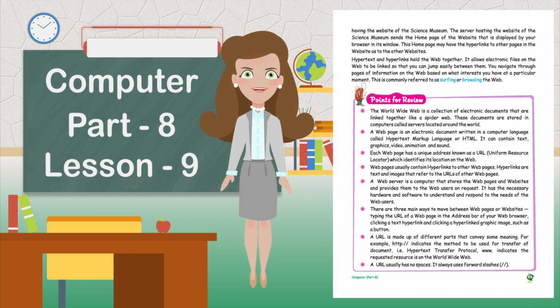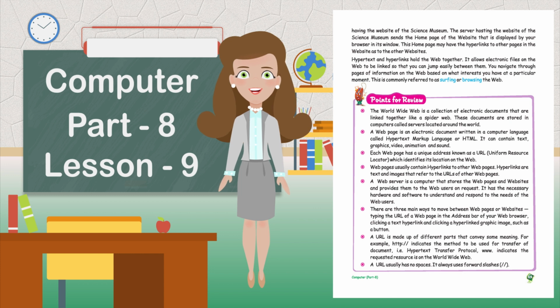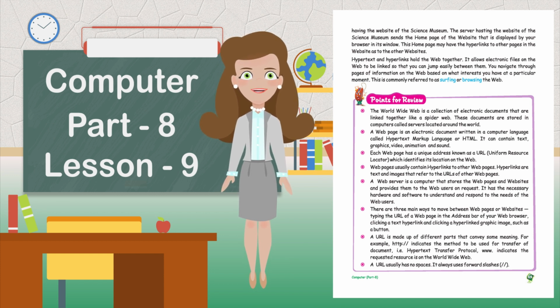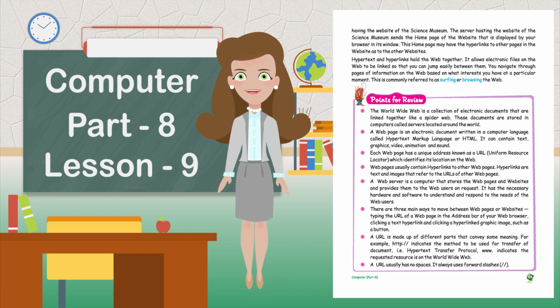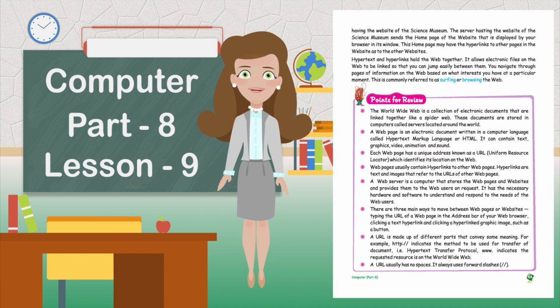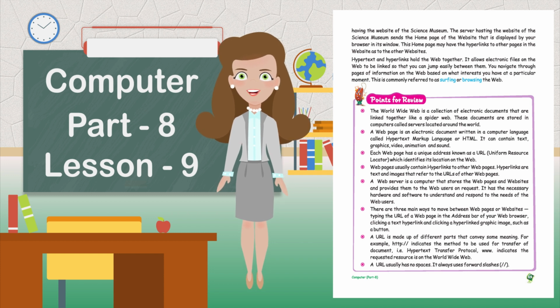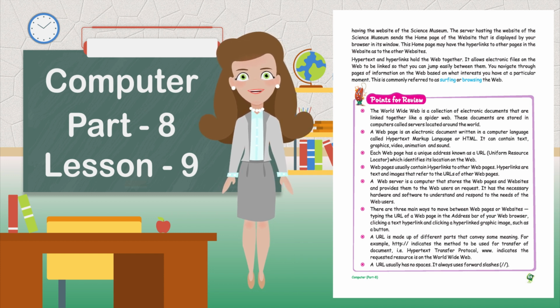Points for review. The World Wide Web is a collection of electronic documents that are linked together like a spider web. These documents are stored in computers called servers located around the world. A web page is an electronic document written in a computer language called Hypertext Markup Language, or HTML.